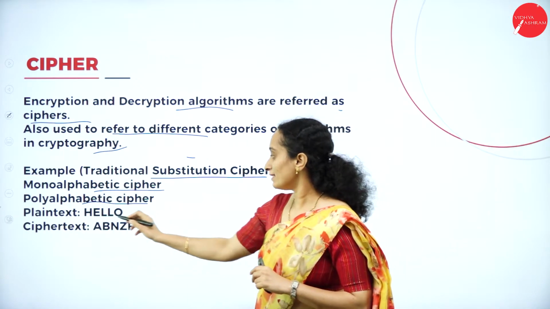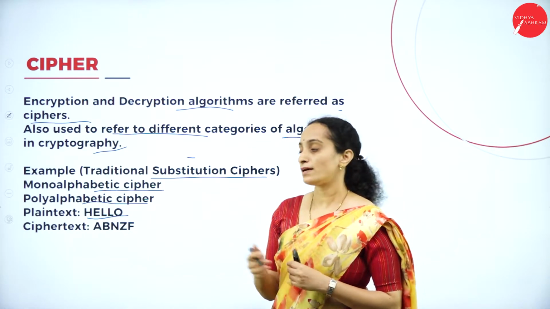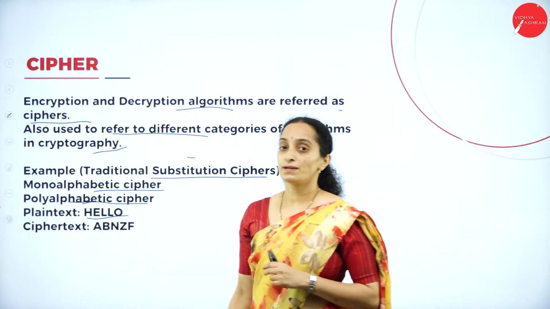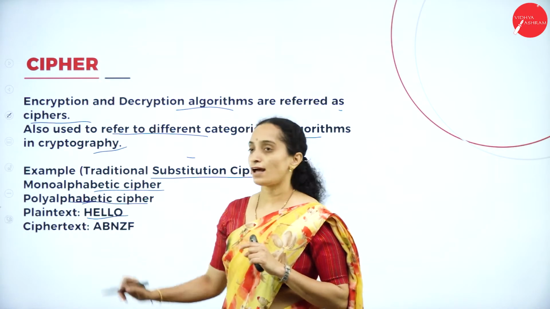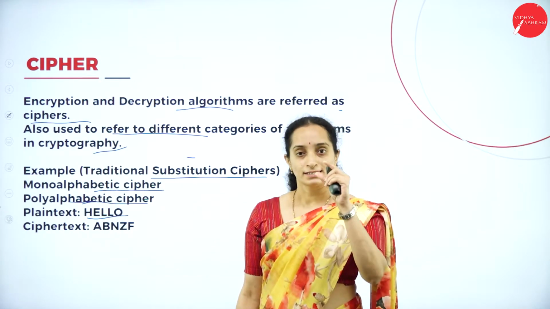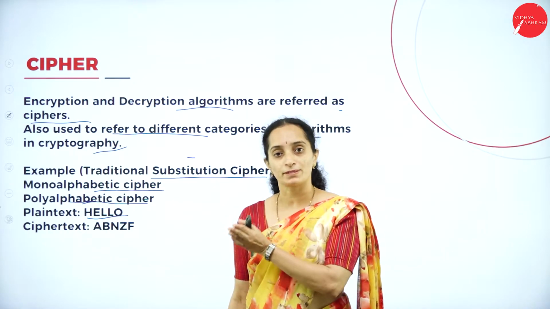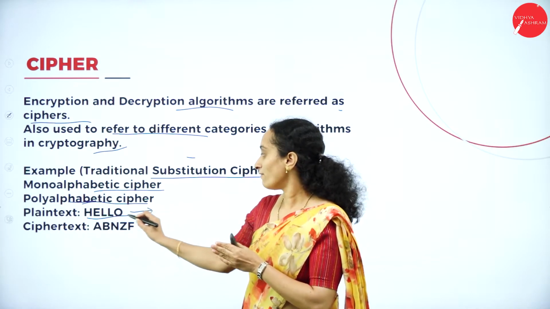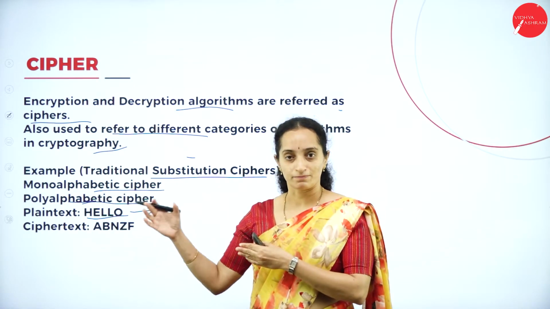Mono means single alphabetic cipher, single transformation of all the alphabets to another kind of alphabets. That means all the 5 alphabets in hello are transformed to the third letter only.